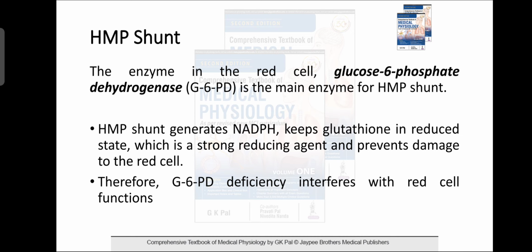Therefore, G6PD deficiency interferes with red cell function.